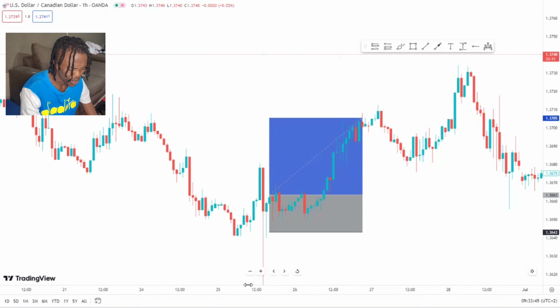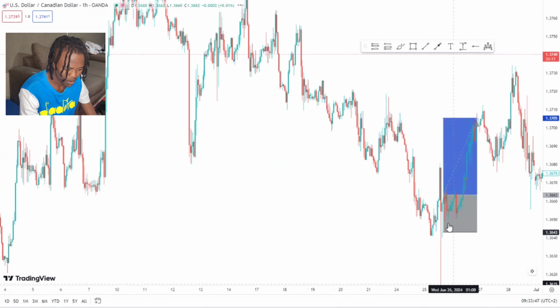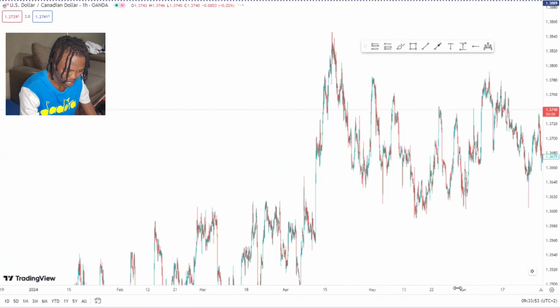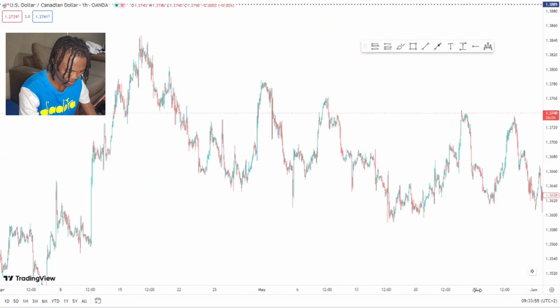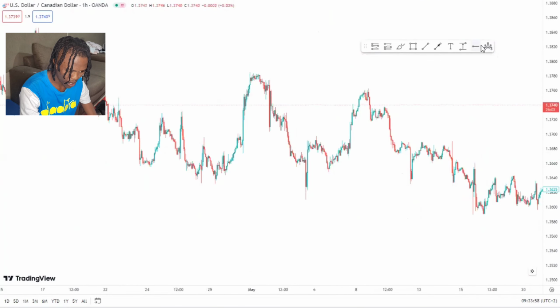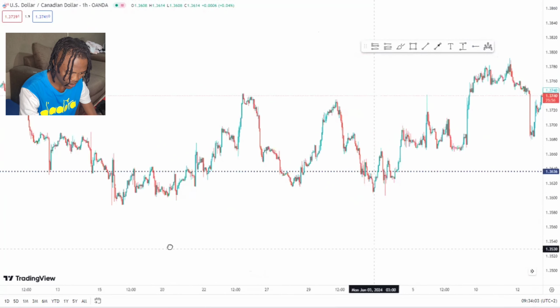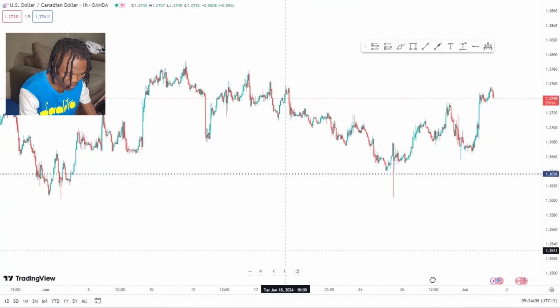So on USD CAD, okay, let me remove this. So USD CAD, guys, we had obviously this 4-hour horizontal ray right here. You guys get that? You can clearly see how it's moving, right?